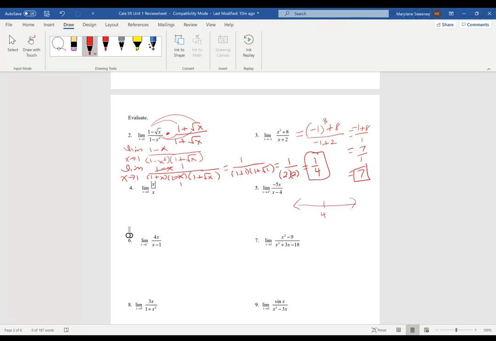There's no hole in the graph. If there were a hole, we would just factor, cancel, plug it in. Since it's a vertical asymptote, we have to know, is it going to infinity or negative infinity on whatever side of the asymptote we're trying to think about. Here we're doing 4 from the right.